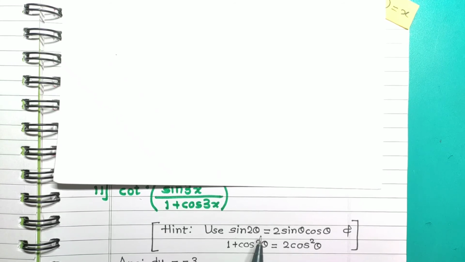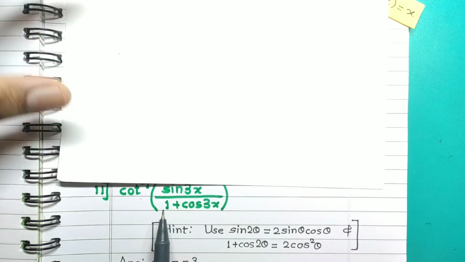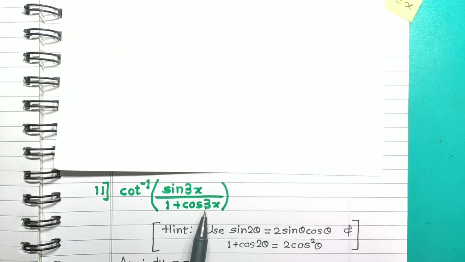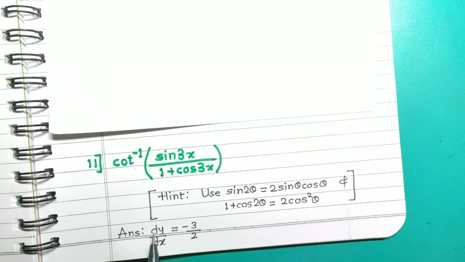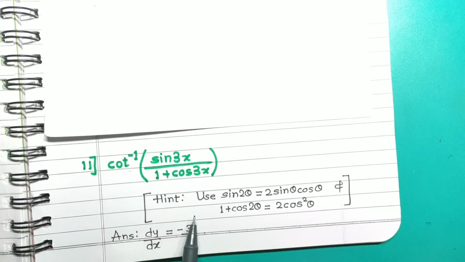Using these two formulas from trigonometry you can simplify this given function to a very simple function, and by differentiating that you can get the answer dy by dx is equal to minus 3 by 2. So you try to solve using this hint on your own.